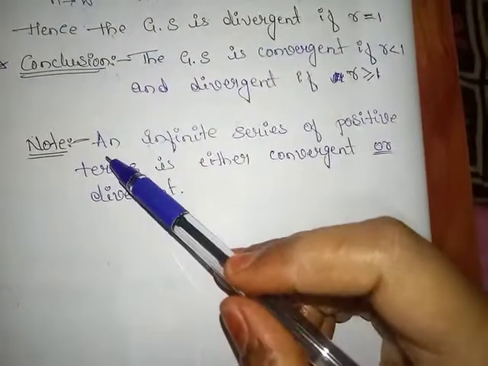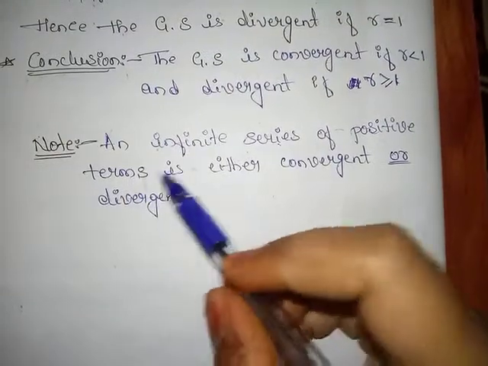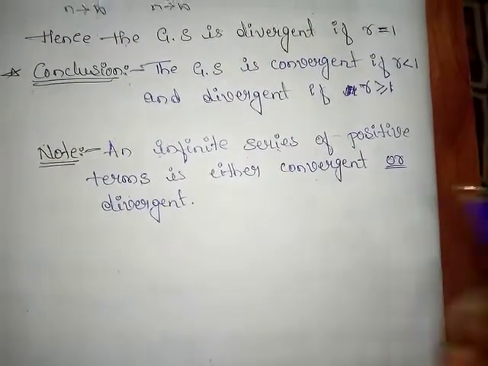What we conclude here? An infinite series of positive terms is either convergent or divergent.